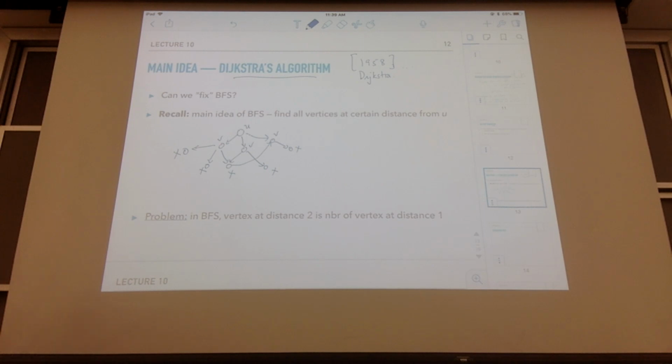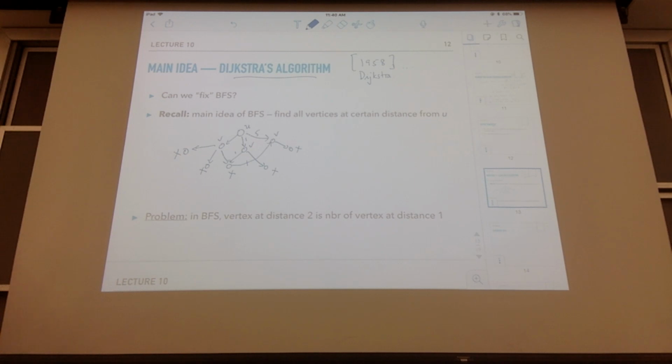And we just saw that the number of hops doesn't exactly determine the shortest path. Like in this example, you could have had edges of 1, 1, 1, and this is an edge of 5. So from U to V, the shortest path is actually this 1, 1, 1, not the 5.